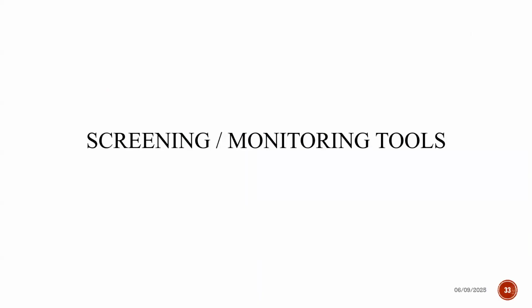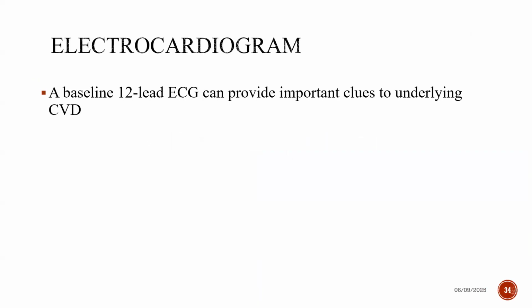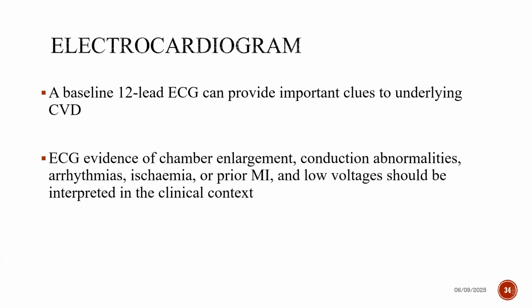So we'll now look at how to screen and also monitor patients before and during the cancer therapy. The first is the electrocardiogram. A baseline ECG, usually a 12-lead ECG, provides important clues to an underlying cardiovascular disease.